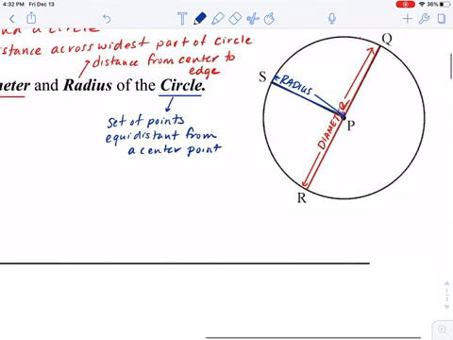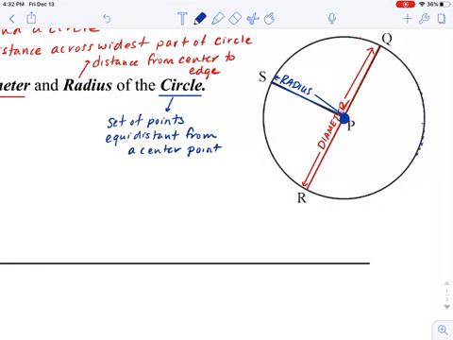So when I look at the center point here, point P, all of these points along the outside, which I'm making a dot here, I'll use the highlighter. All of these points around the outside are equally distant from point P. In other words, if I measured any of these distances, any of these radii, they would all be the same.